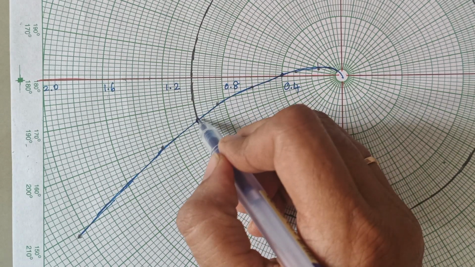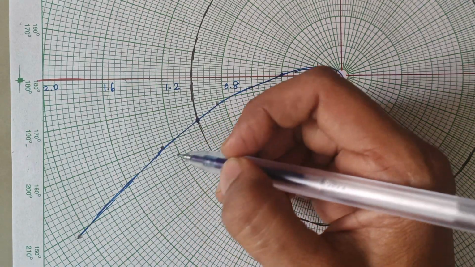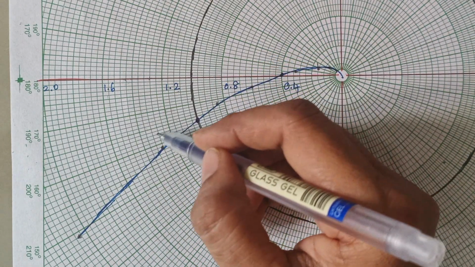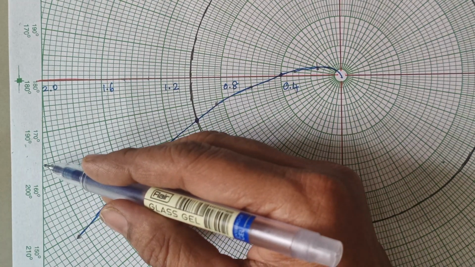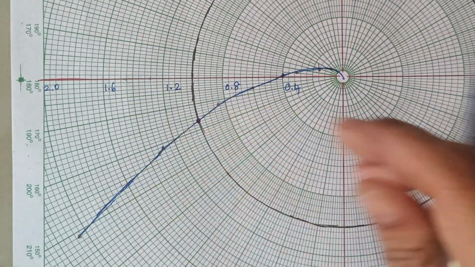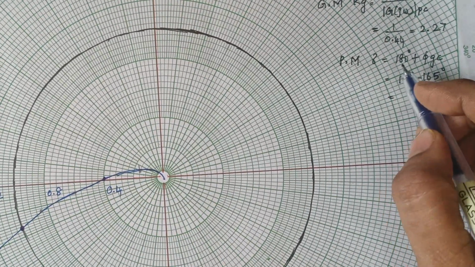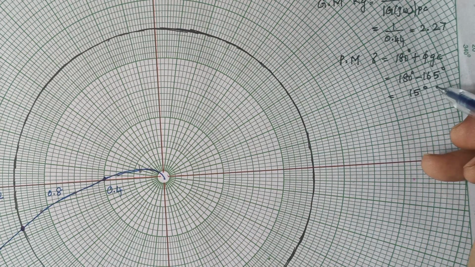You can know directly by gradually moving like this, or it is better to use a scale, which will give you more confidence. Exactly when you look at this, the value is found to be around 165. The phase margin is calculated using the formula 180 degrees plus phi gc. So here the angle is 165 degrees.